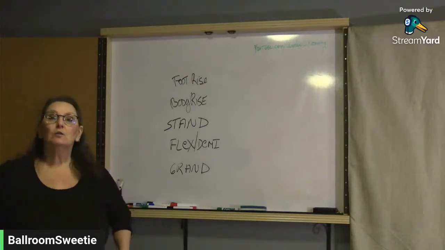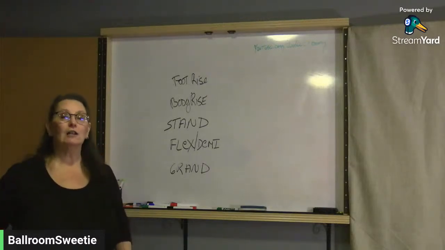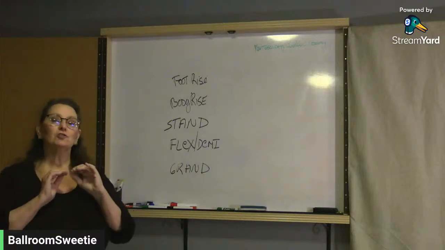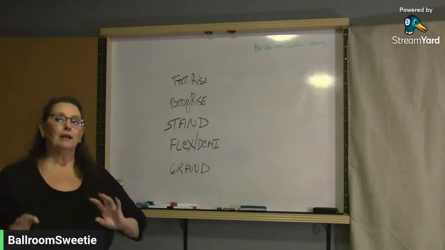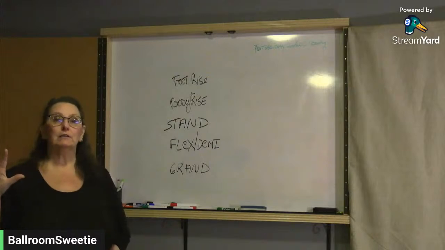Body rise would be, I'm gonna suck it all up, I'm gonna stand real tall as I can be, and maybe your heels will come off the floor a little bit, like you're just stretching up out of that standing position, and your weight is shifting into the balls of your feet a little bit.